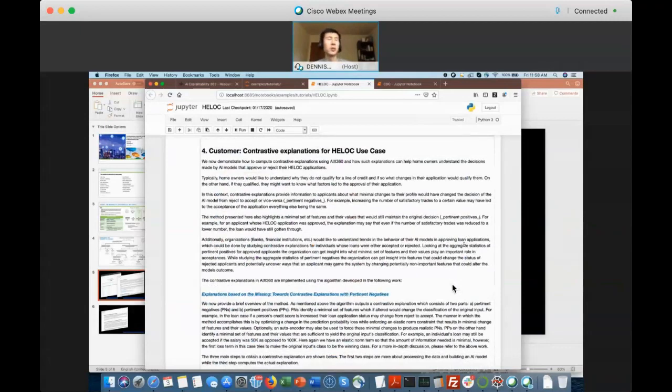This is a customer persona, meaning a person who is actually making an application for this line of credit and is either approved or denied. Most typically, we think that the people who most want explanation from the machine learning model are those whose applications were denied.